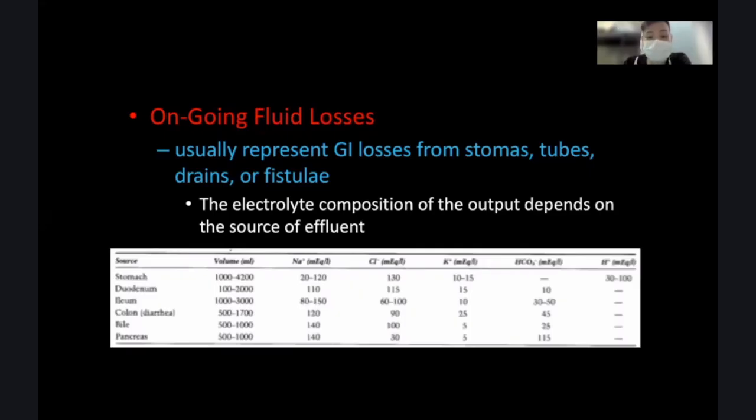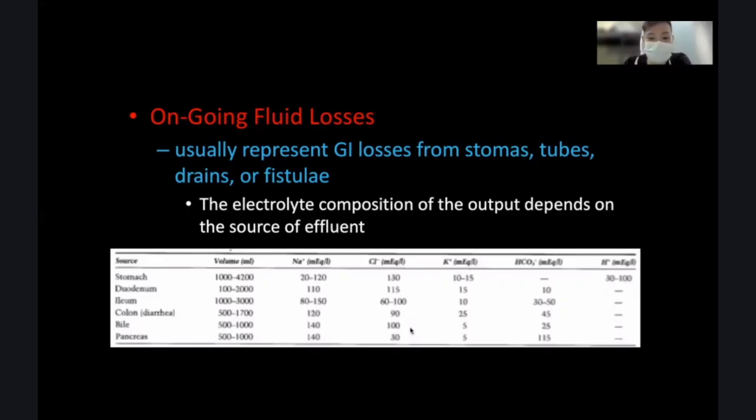So it depends on the effluent or the source of the fluid loss. There is a corresponding electrolyte loss, which is very important in managing the surgical patient. But again, we're not going to discuss how to compute how much sodium or how much potassium to give.